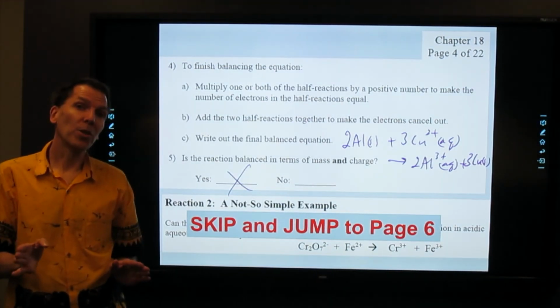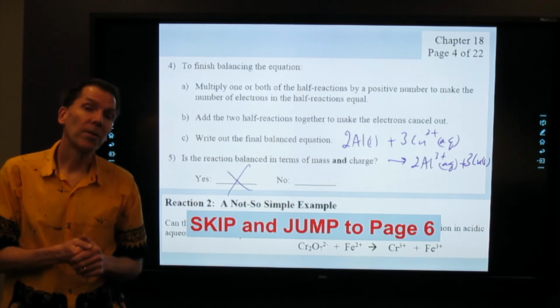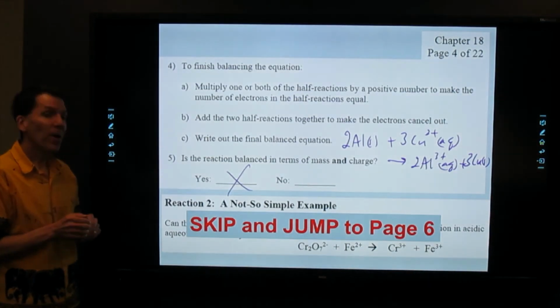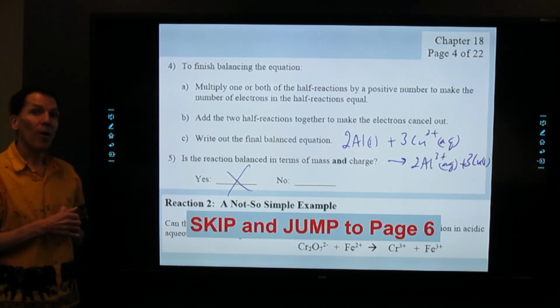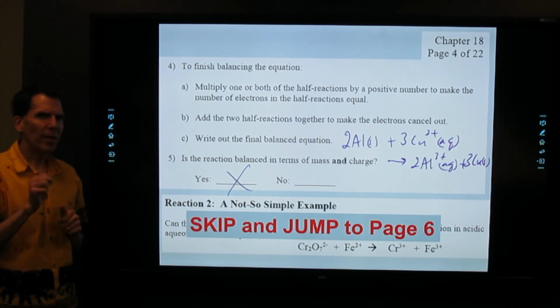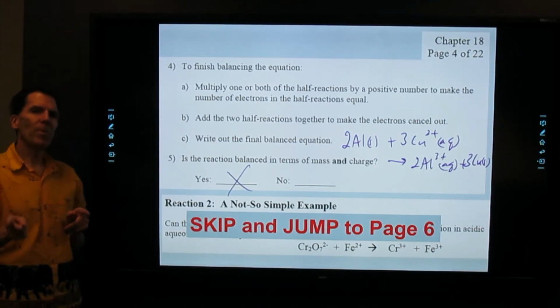What I'm going to focus on, if you jump to page 6, is that there are some problems that involve balanced equations, and it asks you to balance them. What I'm going to focus on instead, and this should be a great relief to you, is that I'm going to give you the balanced equations.